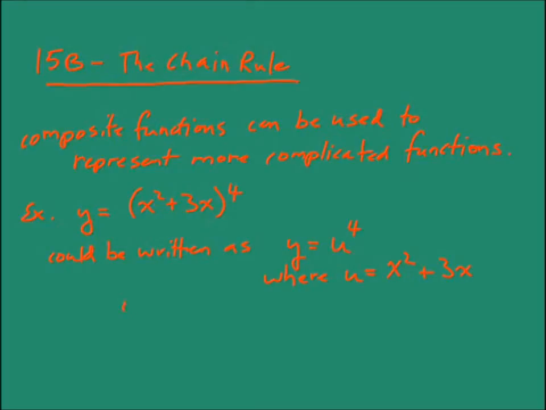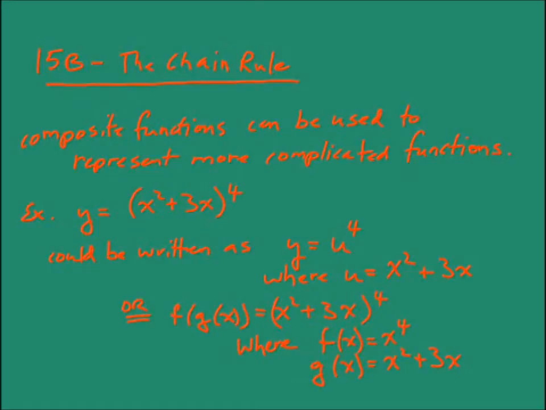Or using composite function notation, we could say f of g of x is our function. Same function as up above, where f of x is x to the power of 4, and g of x is x squared plus 3x.